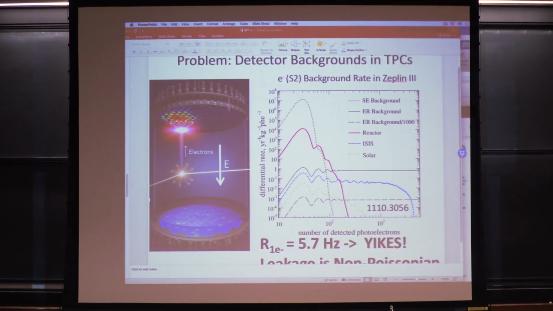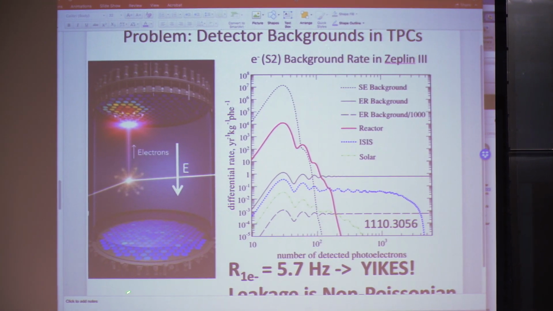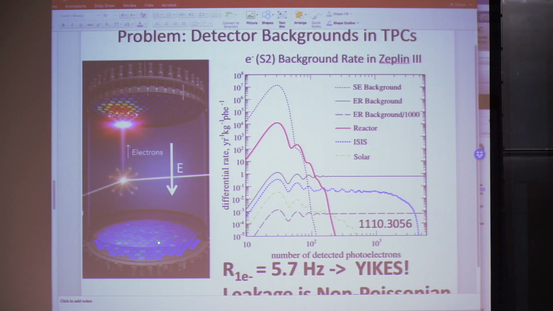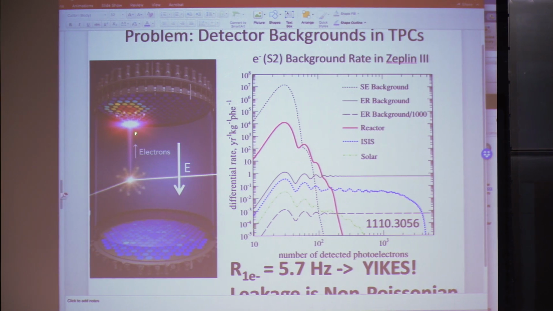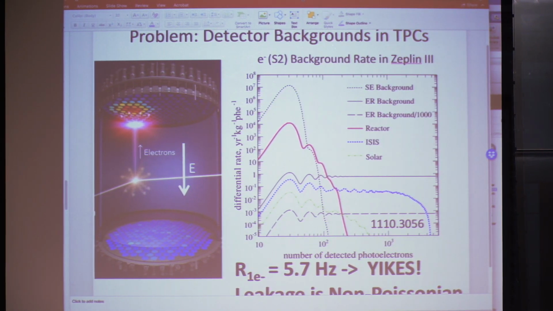Let's start out with a process where I have a single electron tunnel out of here, fly across, and kick up here. It makes a bunch of UV photons, right? That's how we're reading it out. Some of those UV photons are going to get back into the xenon, and then they're going to be able to ionize an impurity. We have an oxygen atom, something that's sitting in here with an electron sitting on it.